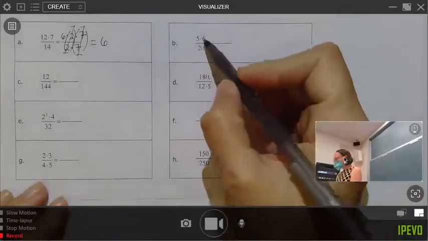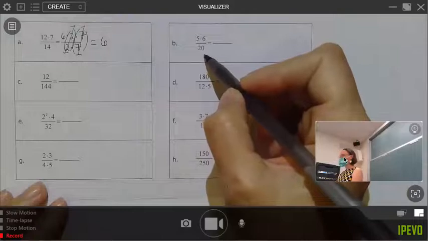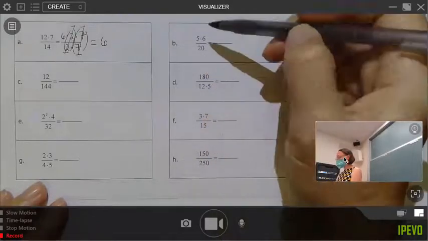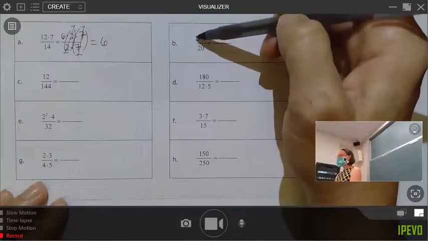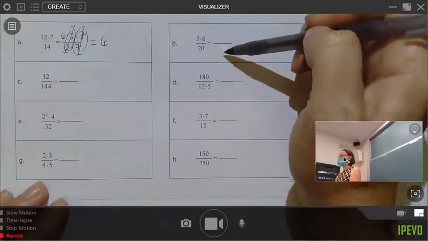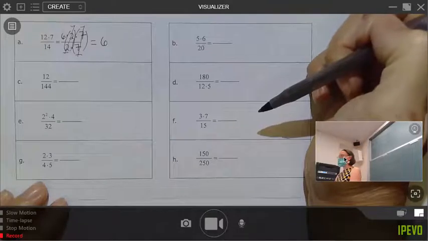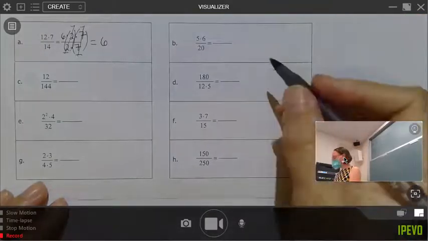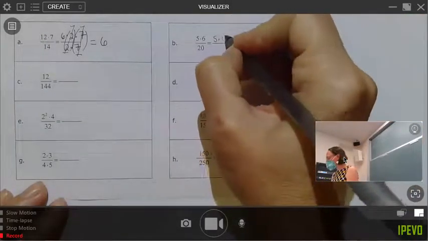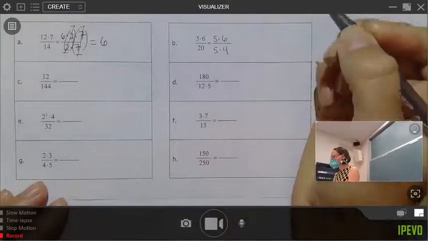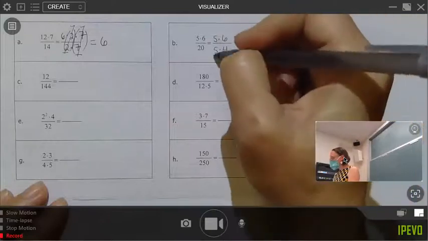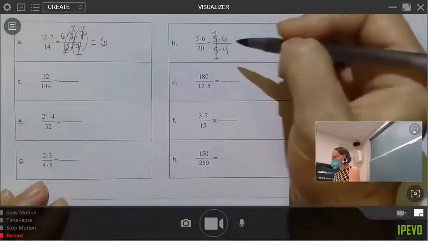So if I'm looking at 5 times 6 over 20, I could totally think about that as, well, if I look at the 5 and the 20, 5 goes into 20 four times. I'm going to write a 4 on the bottom. But if there's any level of hesitation there, again, I would take a moment to write that 20 as 5 times 4. Now that 5 over 5 is equal to 1.